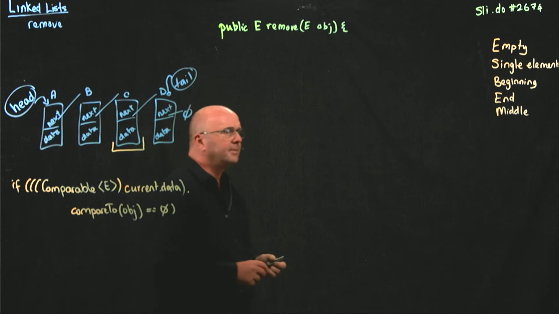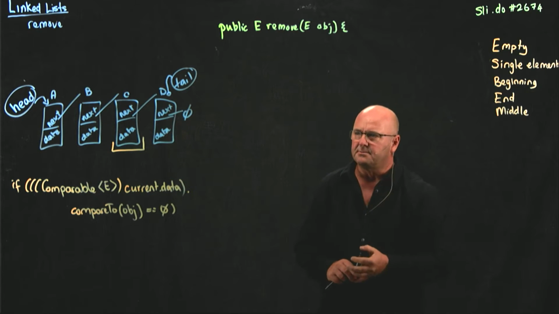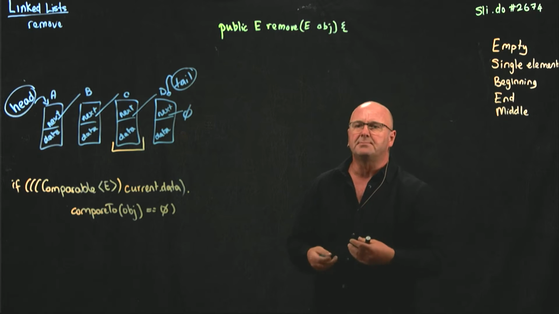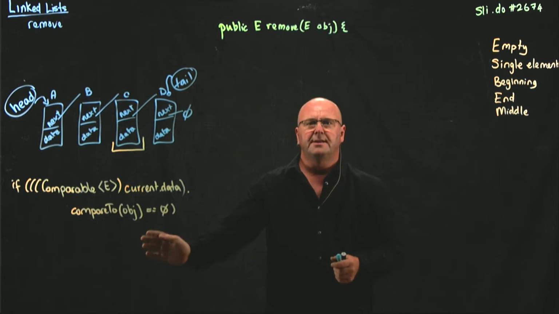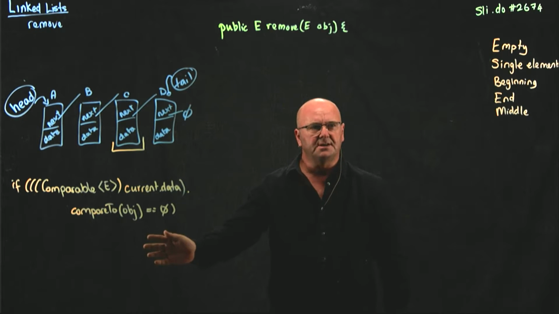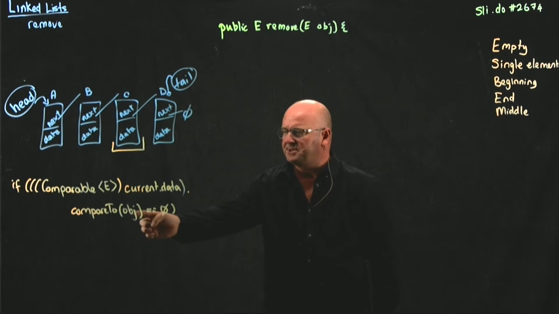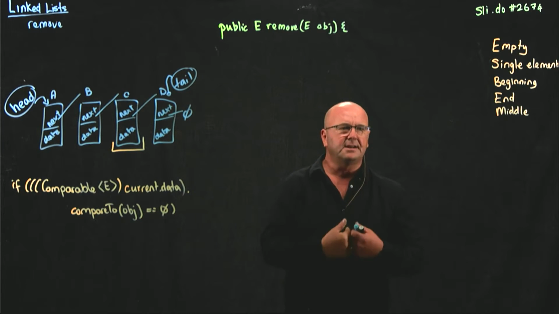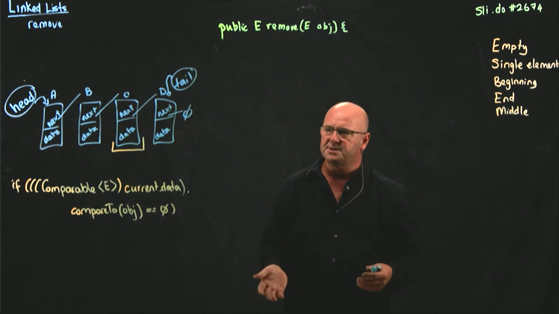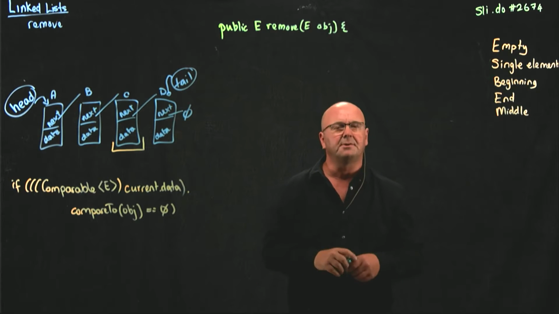A comparable comparison. Remember when we talked about comparing with generics? This allows us to ensure that whoever is using our data structure has overridden the compareTo method. If we just use equals, we may end up comparing things based on their memory allocations of the objects, and that's probably not what we want to do.